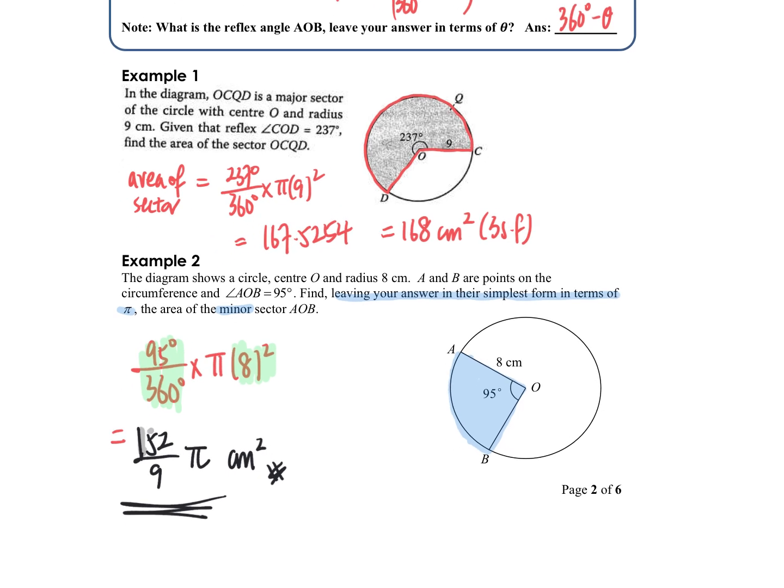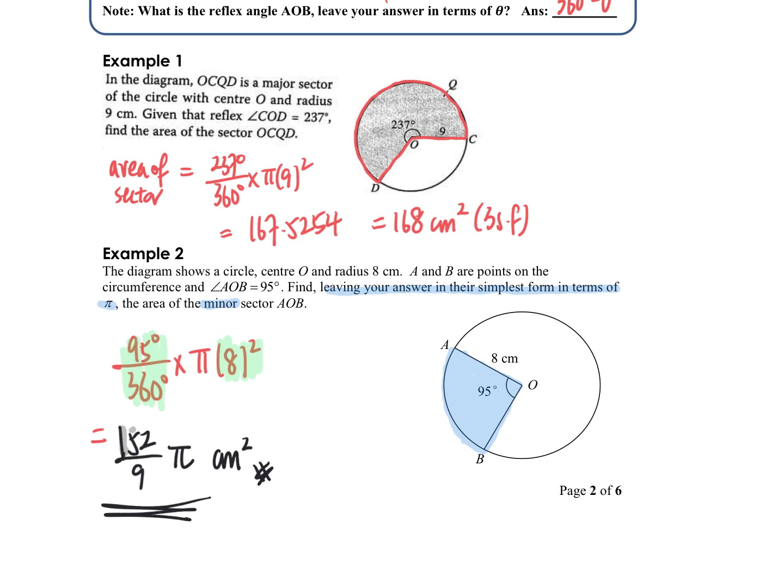Okay, example 2, they say leave your answer in terms of pi. So you can leave it like this. Okay, or if you prefer mixed number. Okay, quite simple, right?